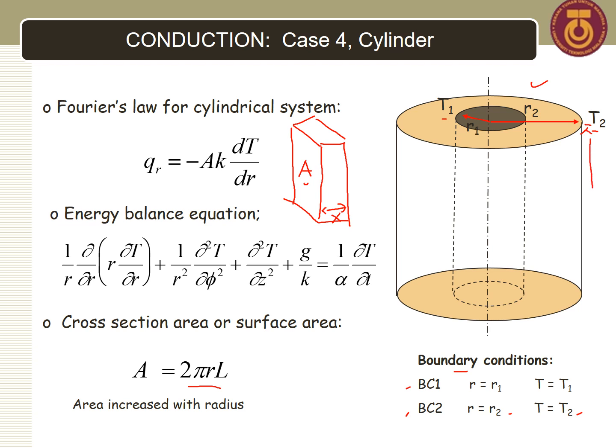L is the length of the cylinder. Okay, so when R changes, okay, A also changes. Typically when R increase, then A also increase accordingly. So this is the major difference, and we must take this into consideration when we derive the equations.